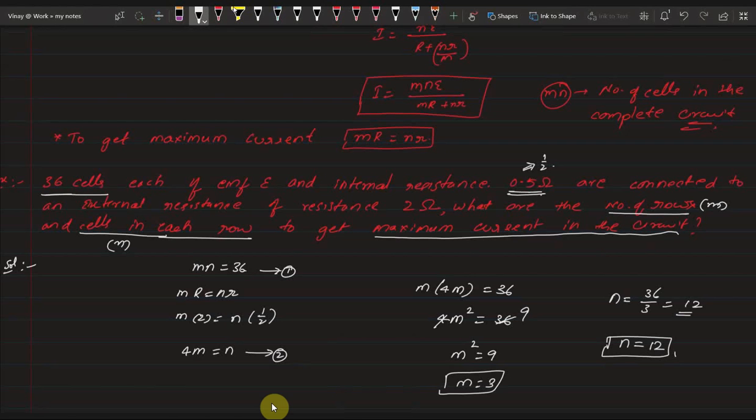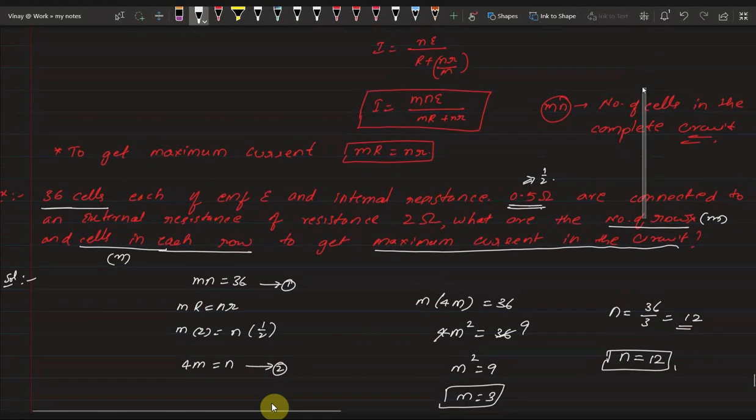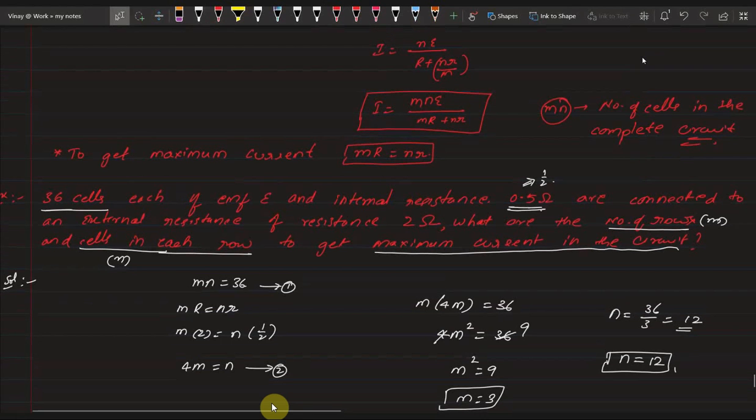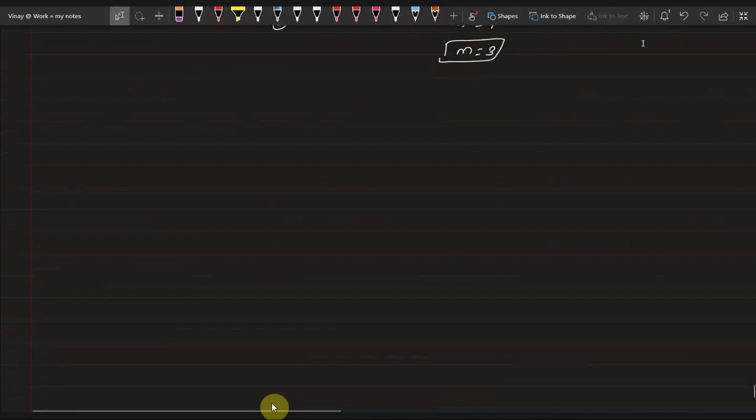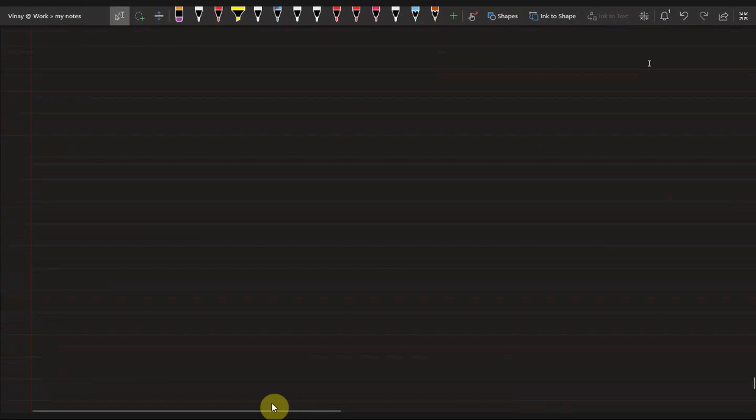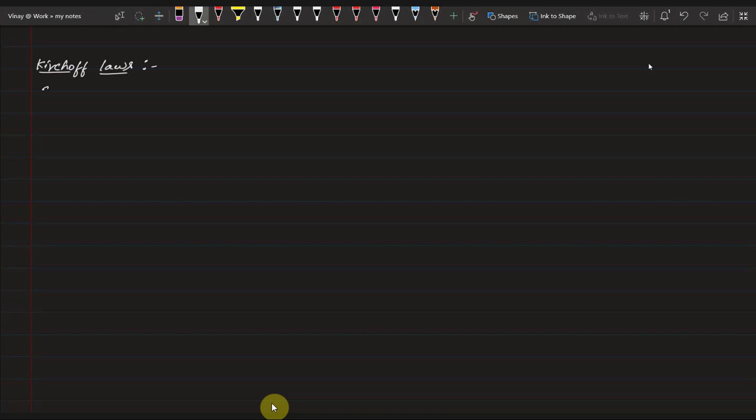Now the next topic is Kirchhoff's laws. The first one is Kirchhoff's first law, also called the junction law.